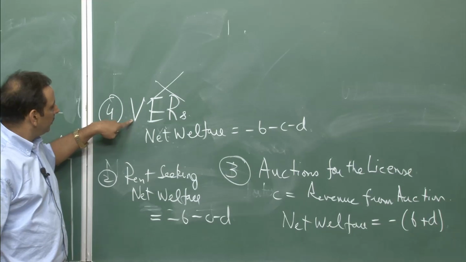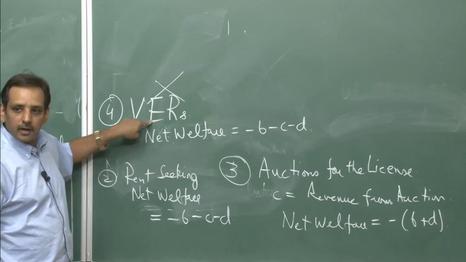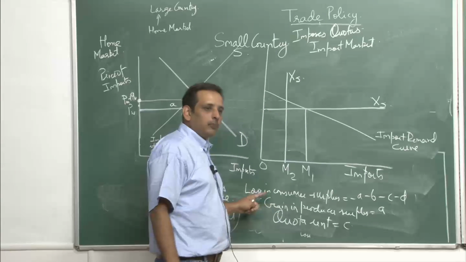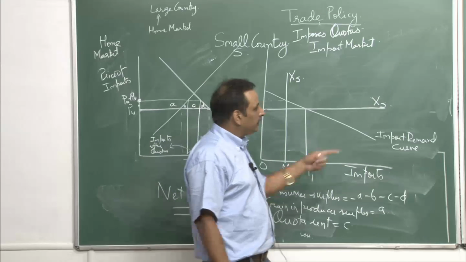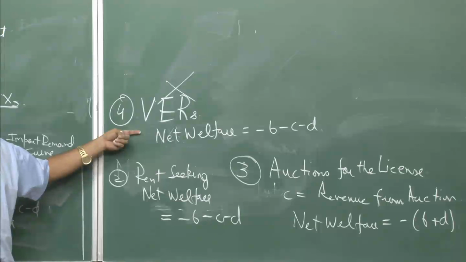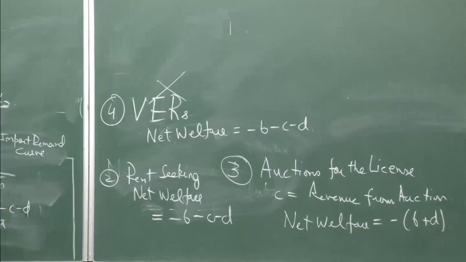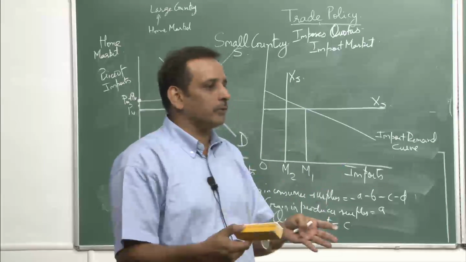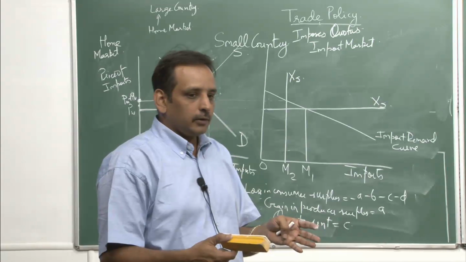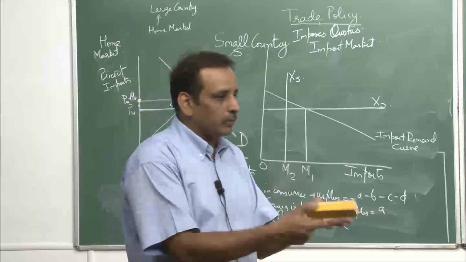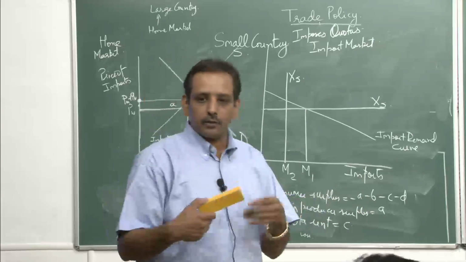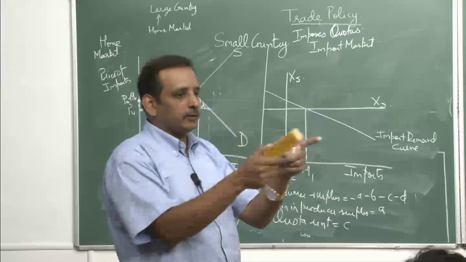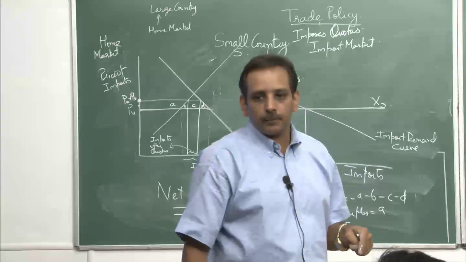because you can see that under the VERs, it's the net welfare of the home country which goes down. These people, the Chinese, would be the gainers because they will now have the administration of allocating those licenses to their own producers, right. So the licenses which are supposed to be given to the US producers and the European producers now come to China, and they are the ones who would give this to a set of producers.